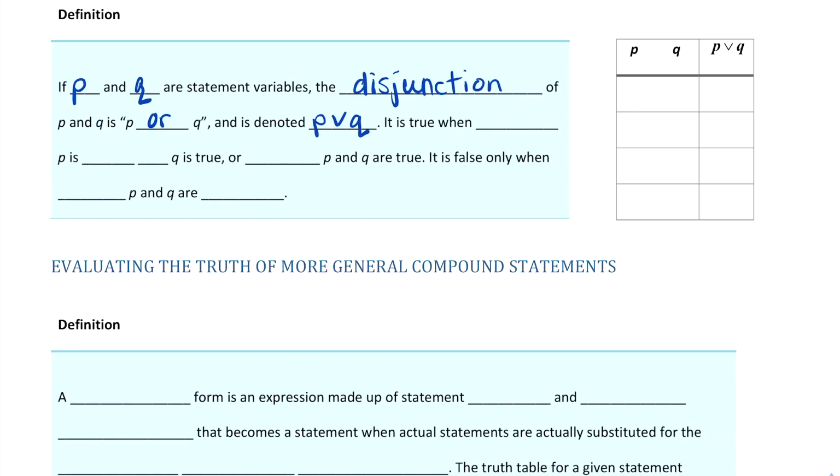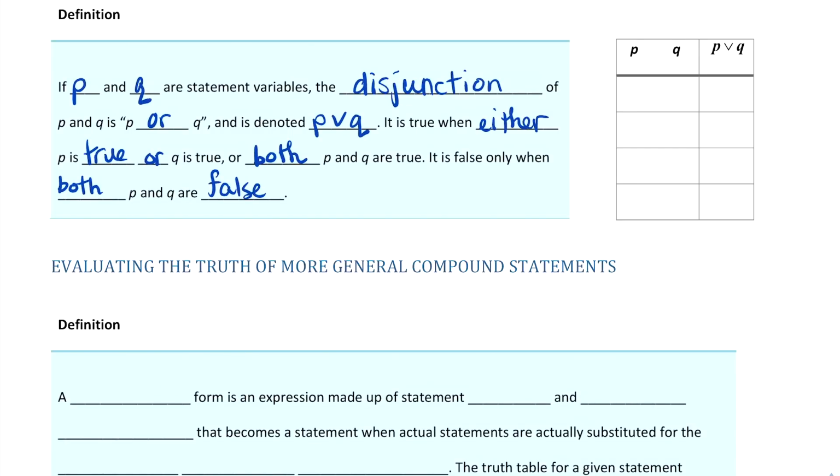It is true when either P is true or Q is true or both are true. And it's only false when both P and Q are false. Okay?